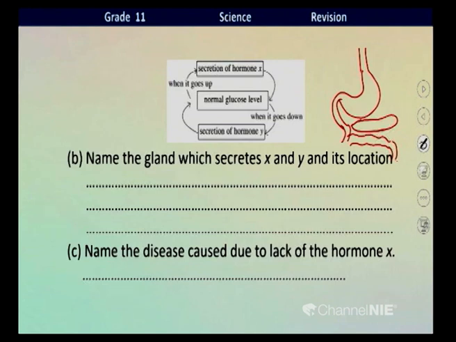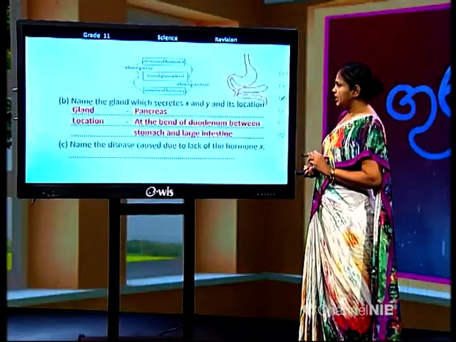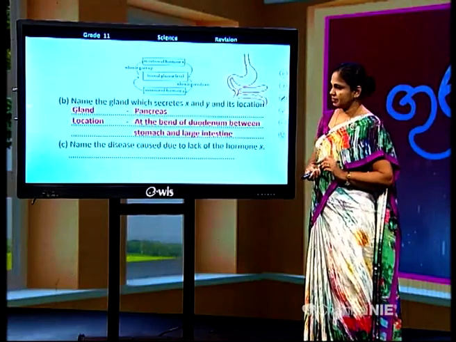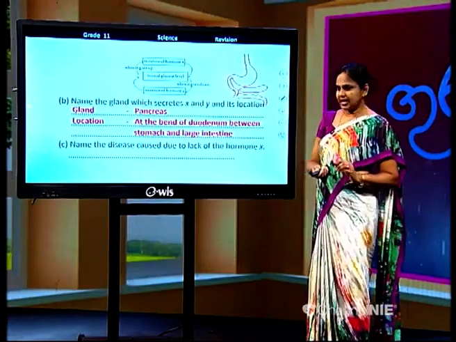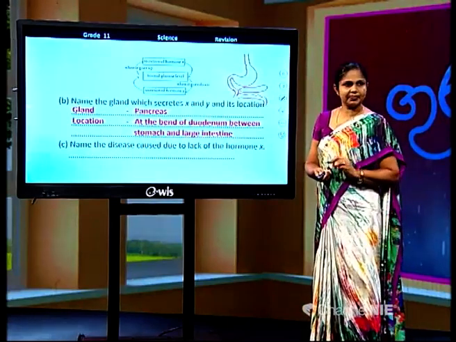Right, see the answer for this. The gland is the pancreas, at the bend of the duodenum between the stomach and the large intestine. Name the disease due to lack of the hormone X.